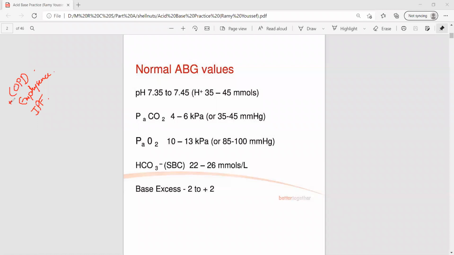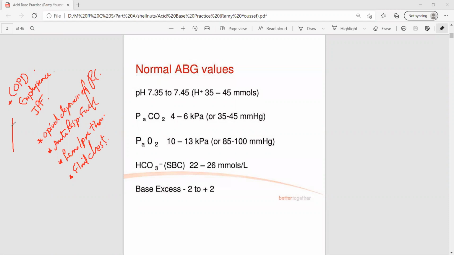And another patient has opioid depression of the respiratory center, or has acute respiratory failure, or has pneumothorax, or has flail chest.